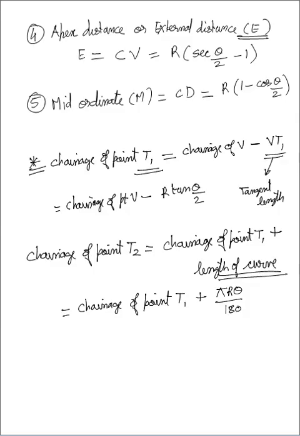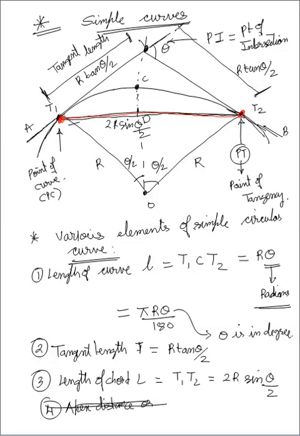So always remember, length of curve is to be added to the chainage of point T1 so that we can get the chainage of point T2.